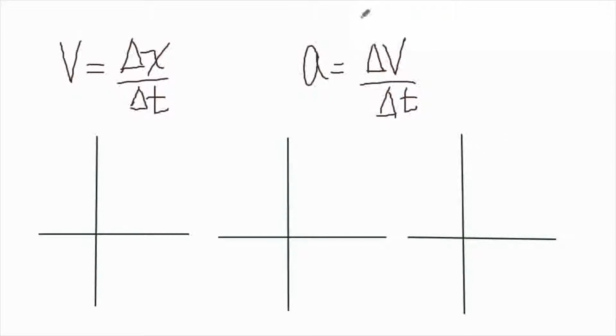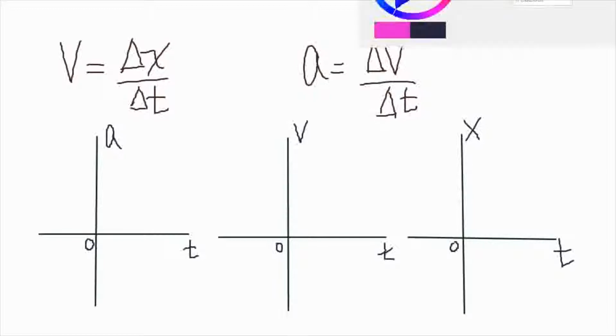So let's say that we plot the acceleration versus time in the first graph, the velocity versus time in the second graph, and position versus time in the last graph. Then we've got the origin and some standard for the numbers on each graph. All right, so here we go.